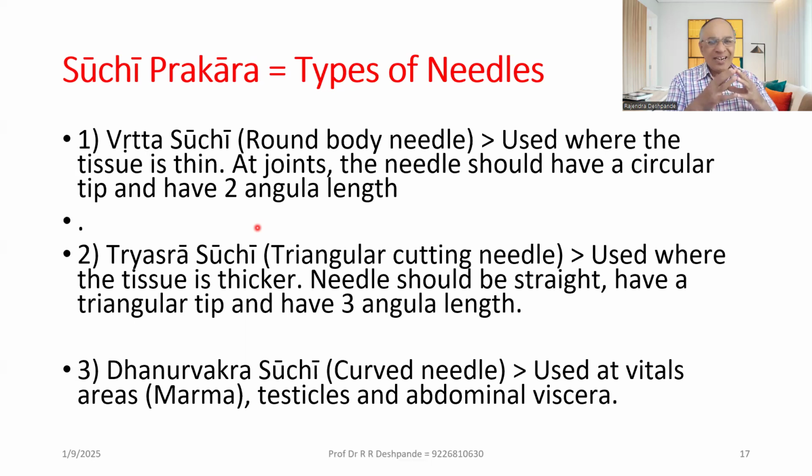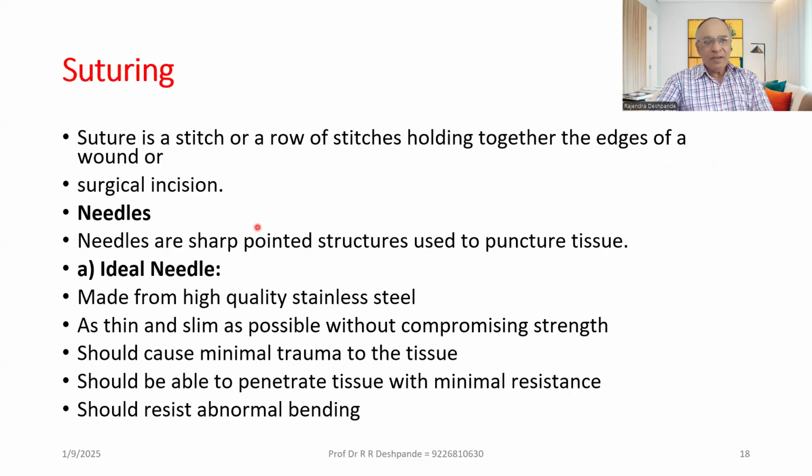Needle should be straight and have a triangular tip and have the 3 angular length. Next is a curved needle. Okay, that is a Dhanu Vakrakar Suchi used at the vital areas like a marmas, testicles, and abdominal viscera.